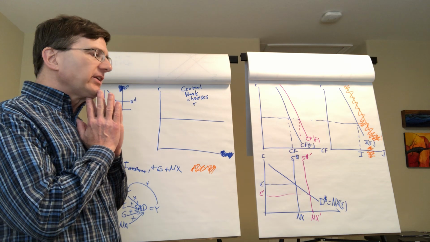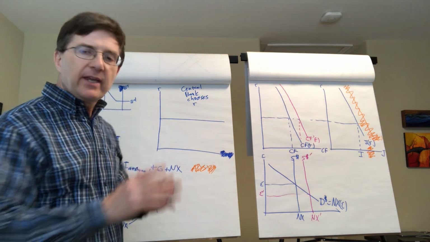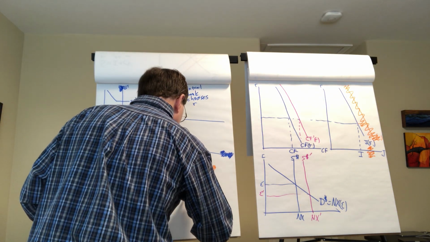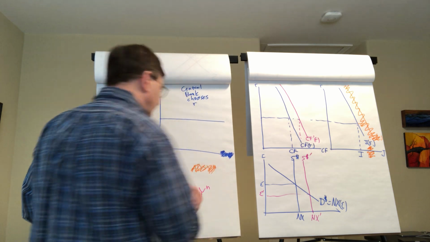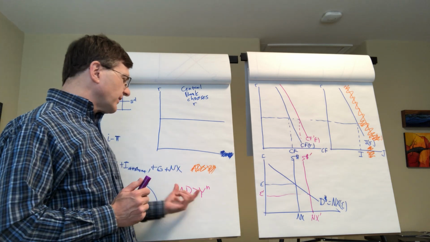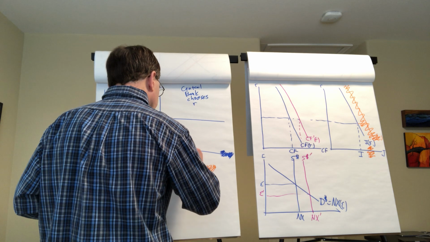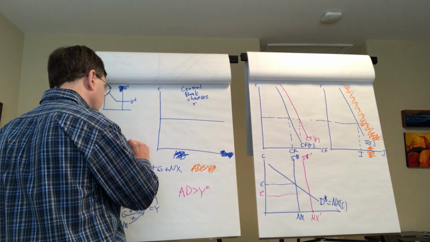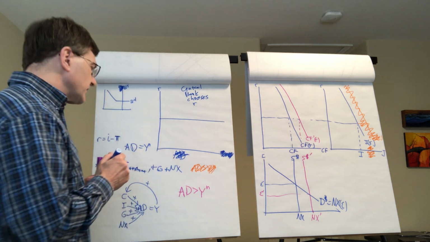But I could easily have a second question on the exam, which would be, okay, given what happened to aggregate demand, first you might want to think, what's the situation relative to the natural level of output? Well, aggregate demand equals the natural level of output before.